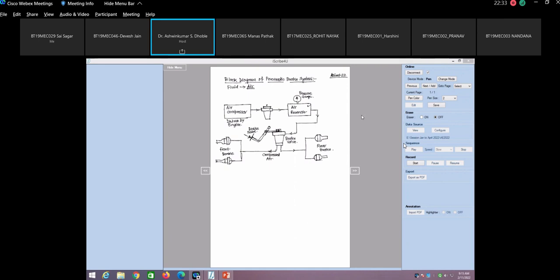So this particular part is the oil separator. Why you require oil separator? Because in the compressor the lubrication is provided to the piston ring and the cylinder inside surface, so that there should not be any metal to metal contact.